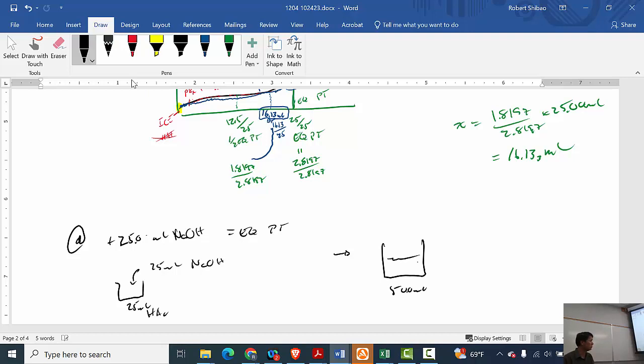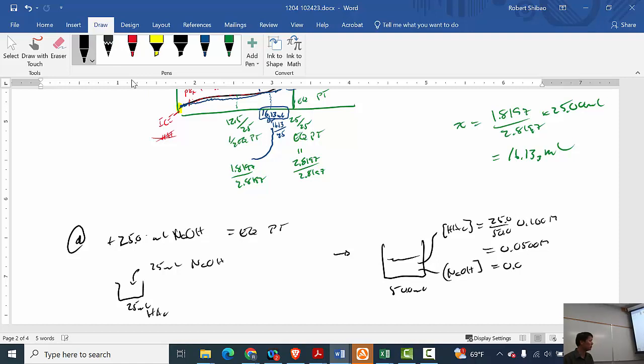And so what does the reaction mixture consist of before any reaction is taking place? So HAc is going to undergo a 25 to 50 dilution of 0.100 molar. So that's going to give us 0.0500 molar. And then the NaOH has the same dilution factor, a 25 to 50.